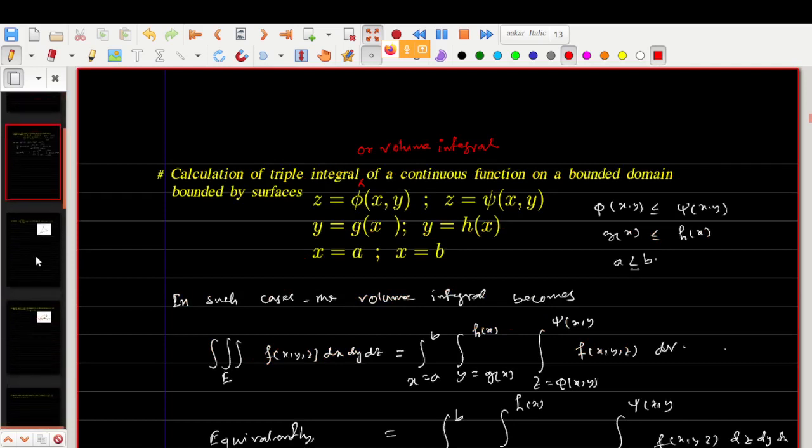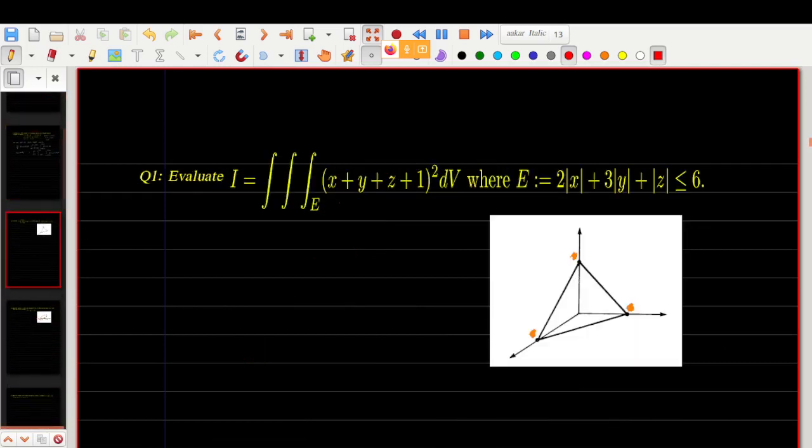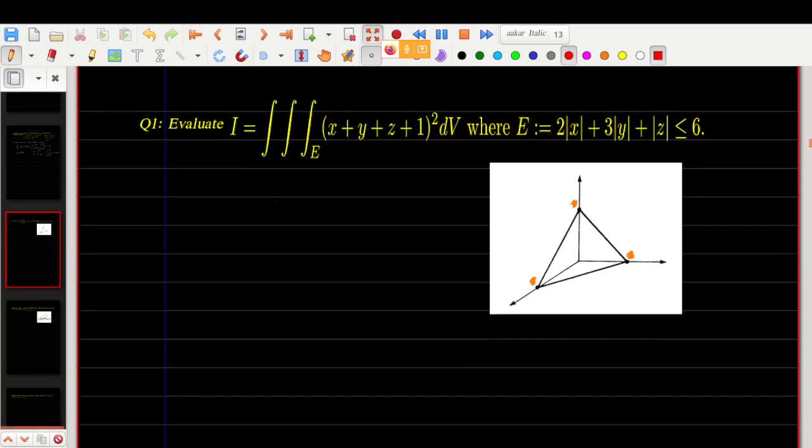So we shall now solve some problems, at least 10 problems. As usual, the first step will always be to visualize, at least to draw, because still we are in 3D. So we can draw the picture, or imagine in our mind, the region where we need to find the volume integral.